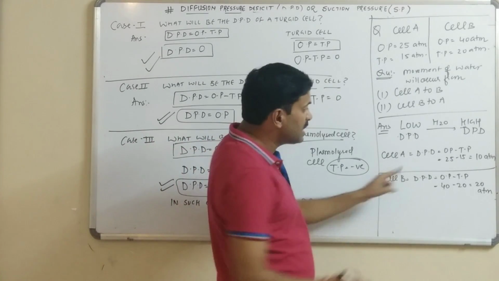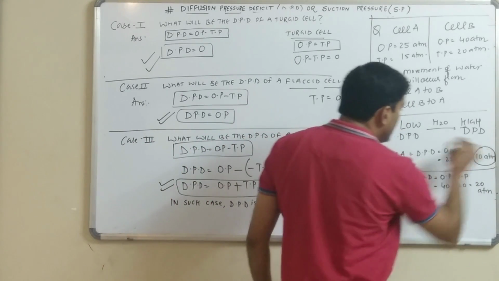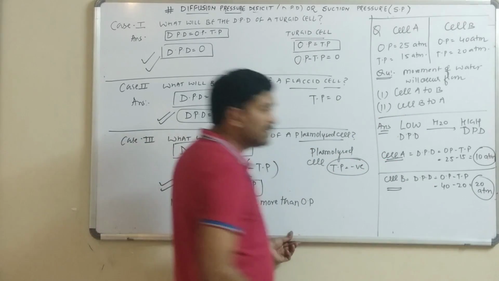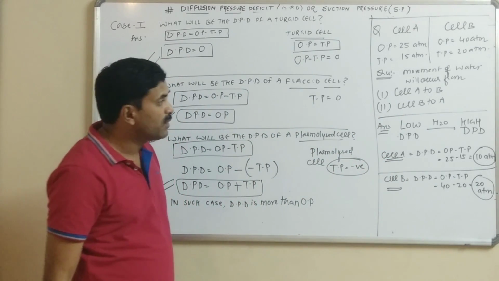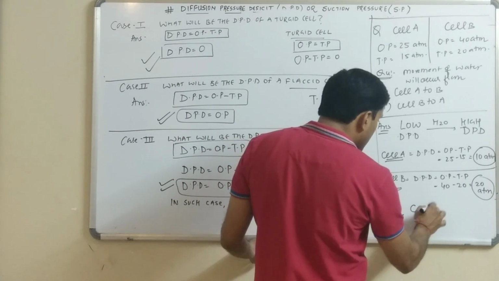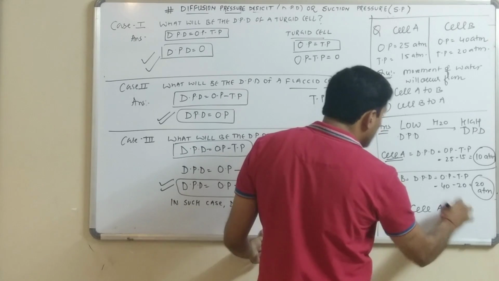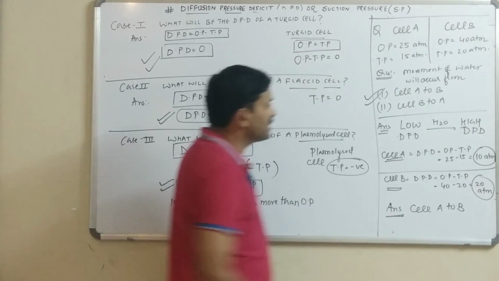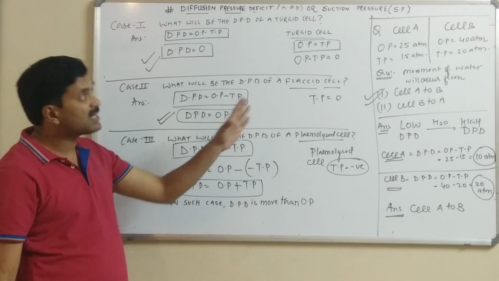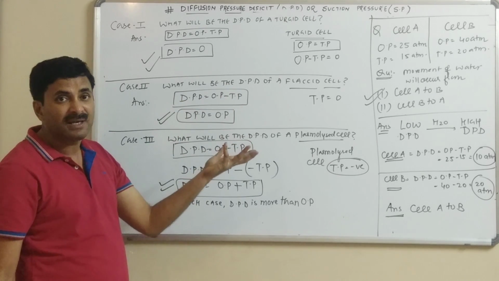Now low DPD of 10 ATM is of cell A and high DPD is of cell B. So water moves from low DPD to high DPD. So the answer will be cell A to B, means option number 1 is correct. This type of question may also be asked in exams.